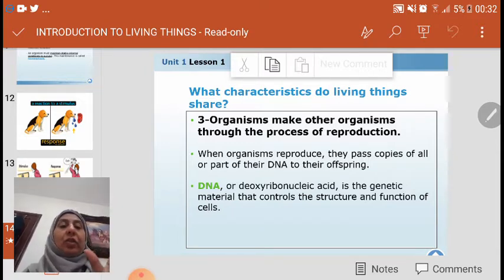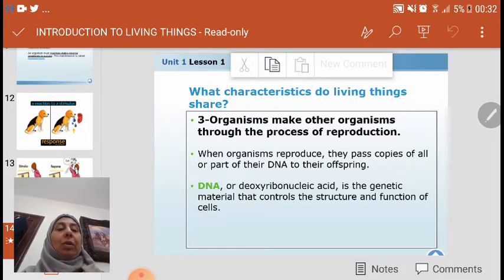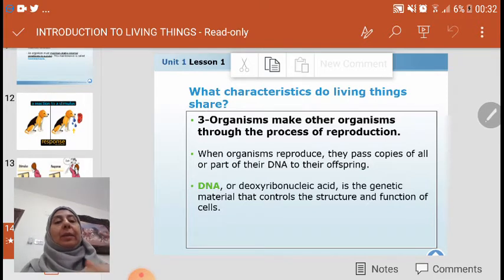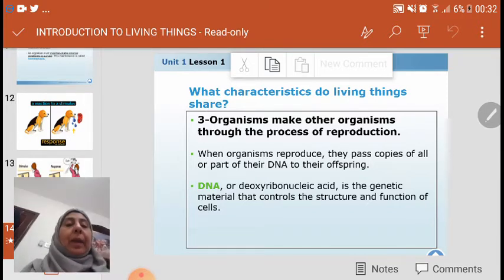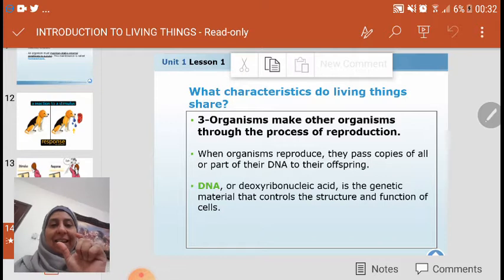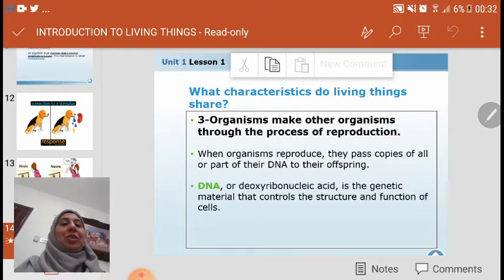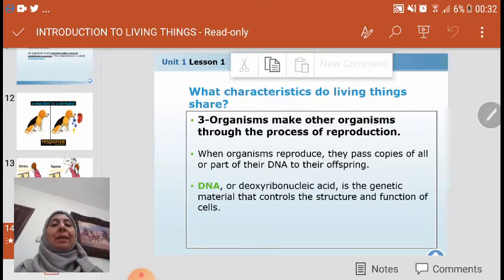The DNA actually is an abbreviation for the long name deoxyribonucleic acid. In grade 7, we will learn more about the structure of DNA and will understand this name more, inshallah. But for now, what is DNA?